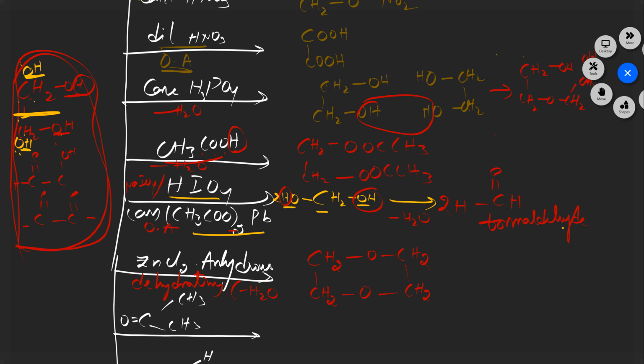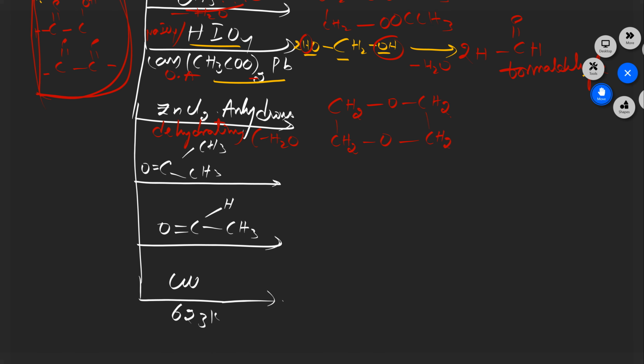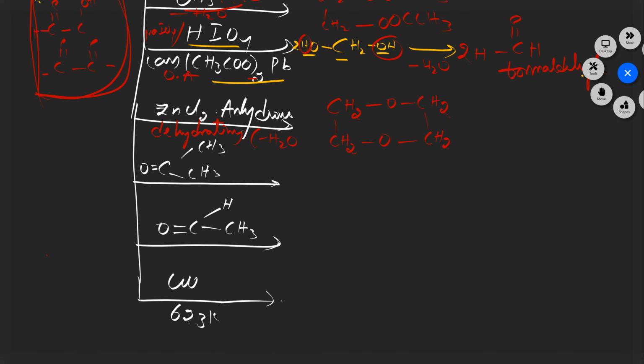Next one is ketones. If you are taking that glycol, CH2OH and CH2OH, plus O double bond with CH3, CH3. I am reacting glycol with ketone. Again there is loss of a water molecule: one hydrogen from this alcohol hydroxyl group, one more from this hydroxyl group, and loss of oxygen from the ketone.